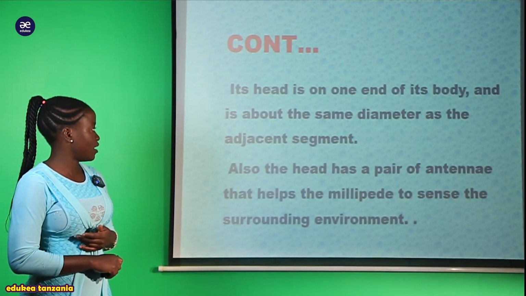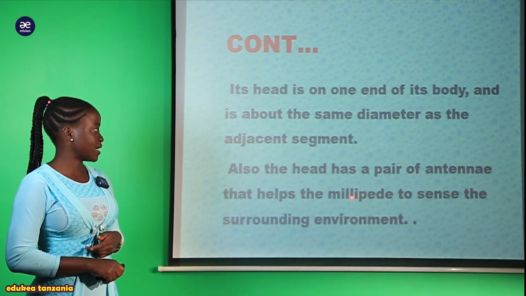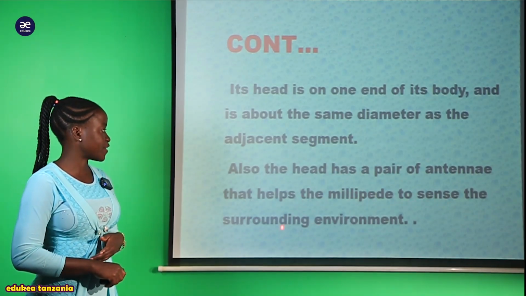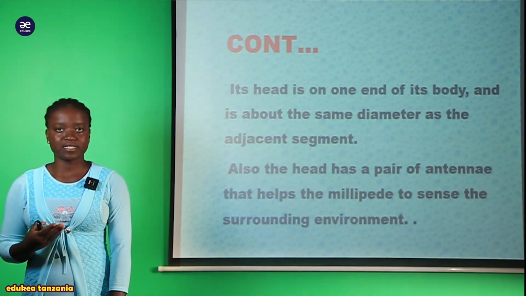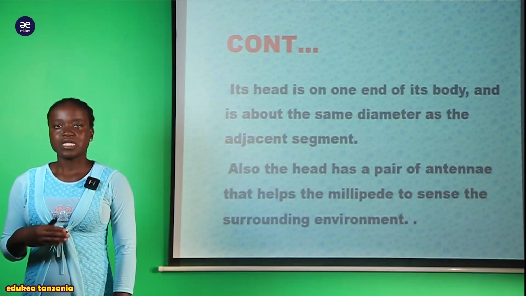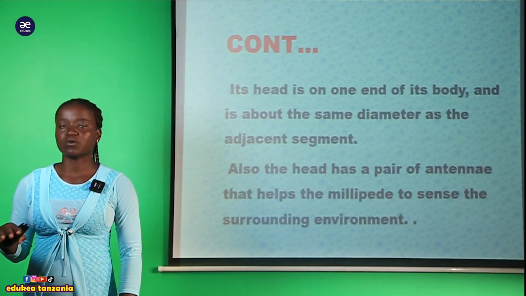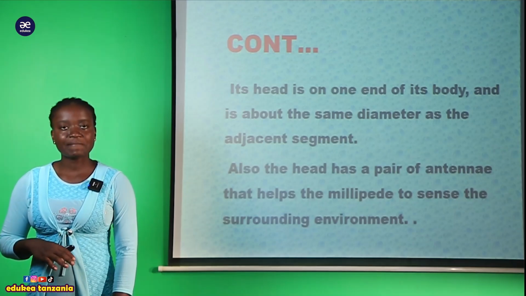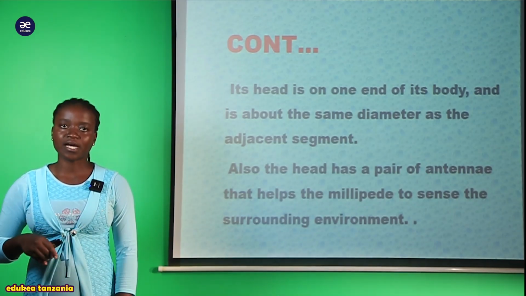And also the head has a pair of antennae that helps millipede to sense the surrounding environment. Kwa sasa the presence of antenna which is found within their body ndiyo ambayo inasaidia hawa organism to sense any kind of changes that is occurring within the environment. So kama watakuwa nearby their predators, watasense, thereafter wanakuta yule jongoo anajikunja.